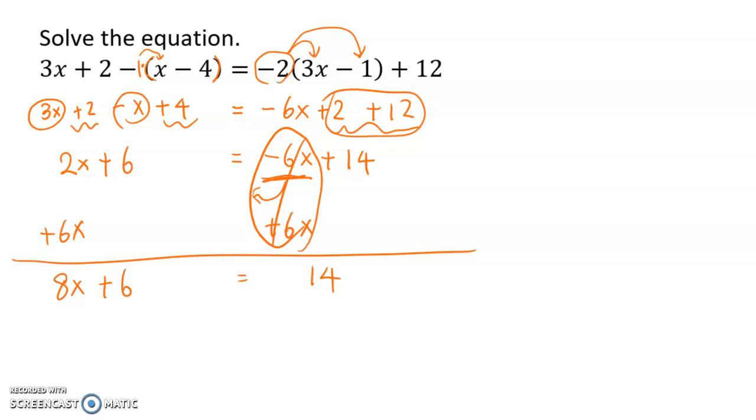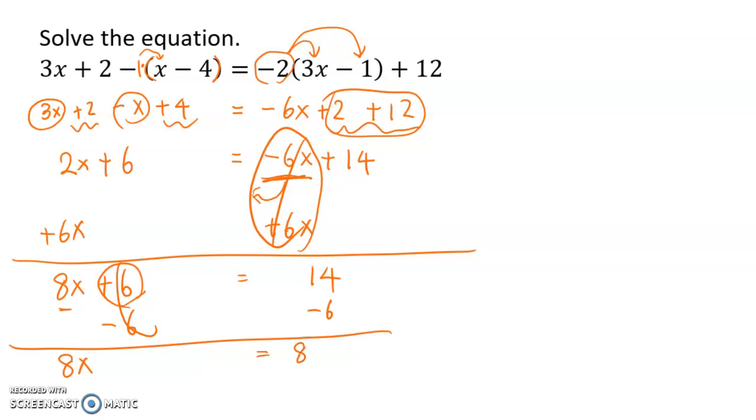All right, next step, we want to move all the number terms to the other side. Since the x side is on the left side, I'm going to move the plus 6. To get rid of the plus 6, I need to subtract 6 on both sides. So 8x, here's 0, right, equals 8. Divide both sides by 8. Okay, you got x equals 1, and that is the solution to this equation.